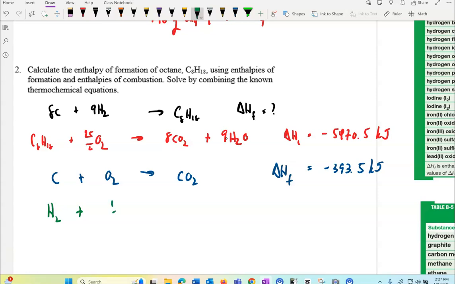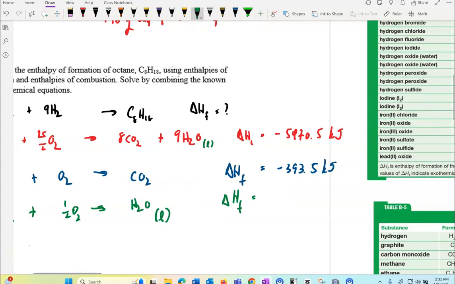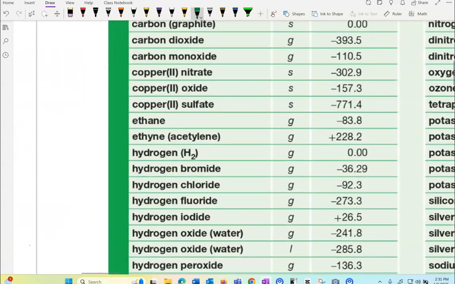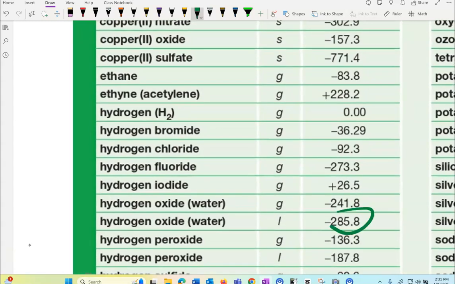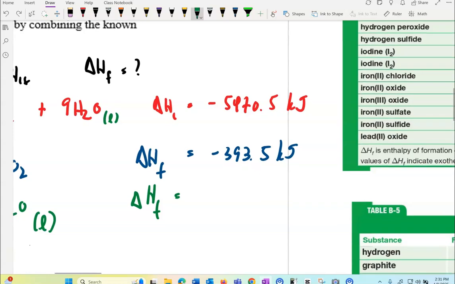You're making water with H2 and 1/2 of an O2. We want to specify liquid water because it's always a liquid in a combustion reaction. We're going to write a heat of formation of water. We're going to pay attention to the fact that we're using the liquid version, which is right here, negative 285.8. So we're going to say negative 285.8 kilojoules.